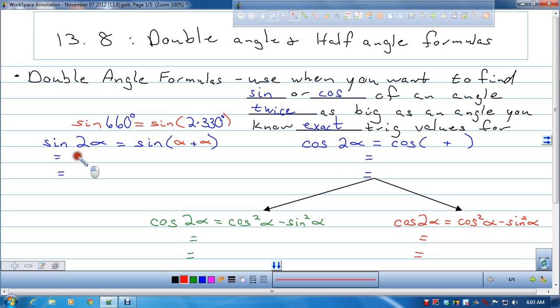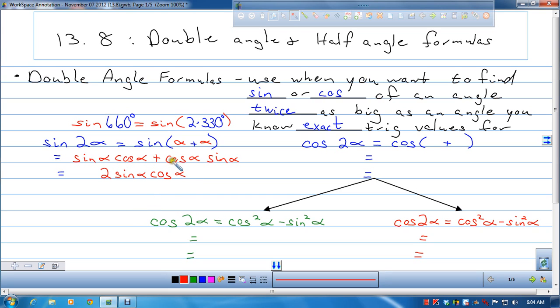So as you see, this would fall into sine alpha cosine alpha plus cosine alpha sine alpha. These are the same thing, right? They're commutative. They could be written the opposite way. So I've got two of them. So the double angle formula for sine is 2 times the sine of alpha times the cosine of alpha.